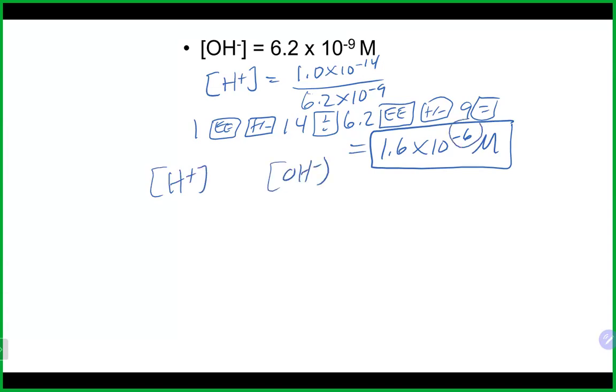Our H plus is to the minus 6, our OH minus to the minus 9. So that means our H plus is a larger value in this case, and that would make this solution acidic. Again, the H plus or H3O plus represents the acid part. The OH minus represents the basic part. Any questions on that one there?